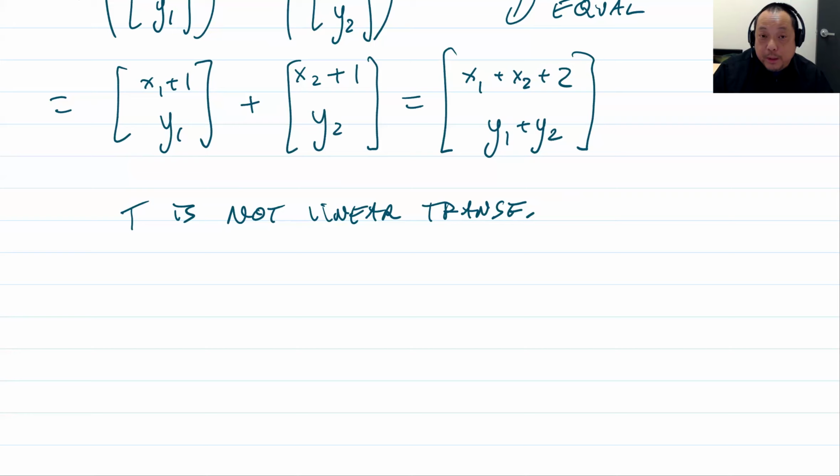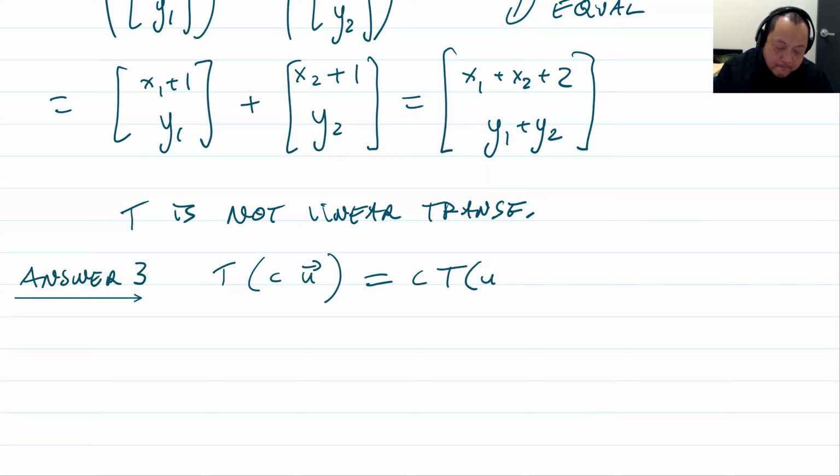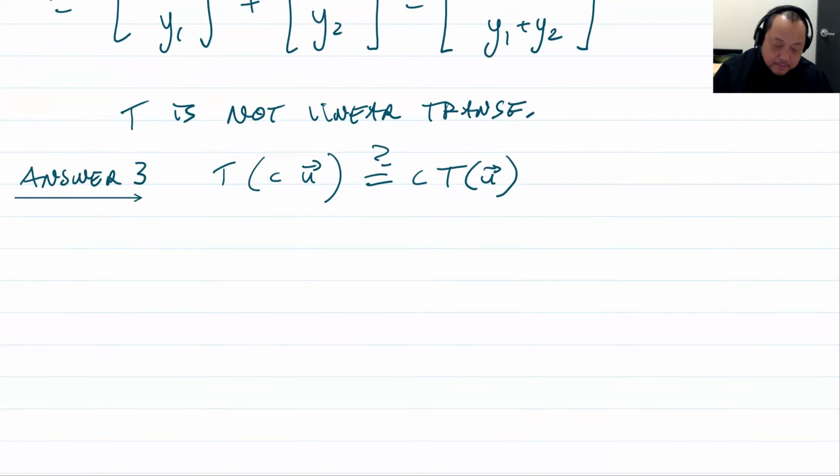I can do the same thing with property 2 as well. I don't have to, since T has already failed property 1, but just in case you did property 2, I'm going to do it now so you can check. I'm going to see if property 2 is satisfied.